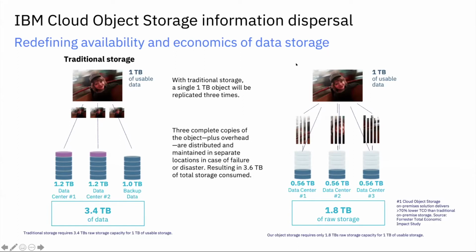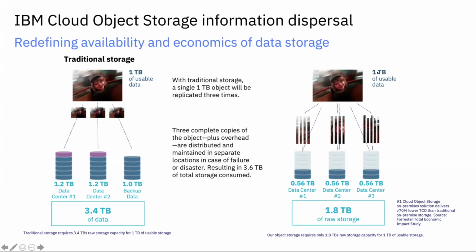With object, that same 1 terabyte file, instead of writing multiple copies to different storage tiers, you slice it up and you write it to 3 sets of storage over 3 data centers, referred to as a geo-dispersed erasure coding strategy.